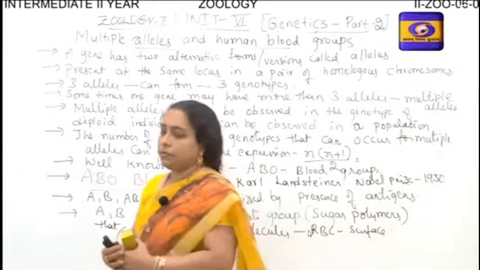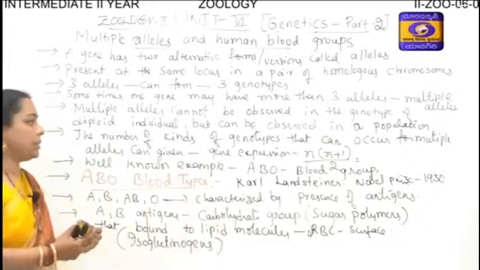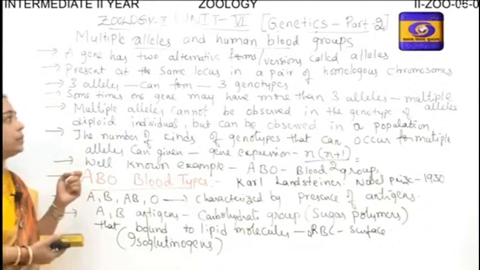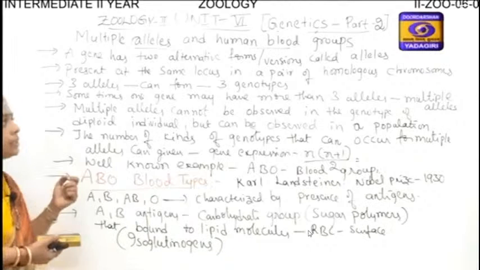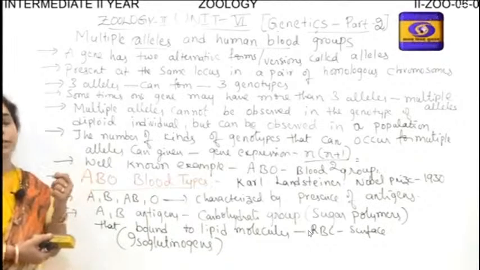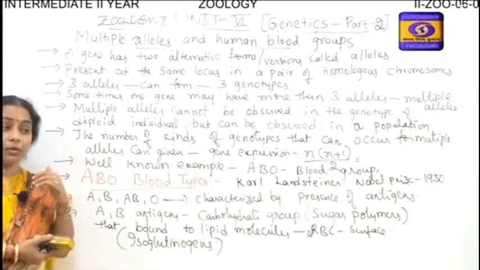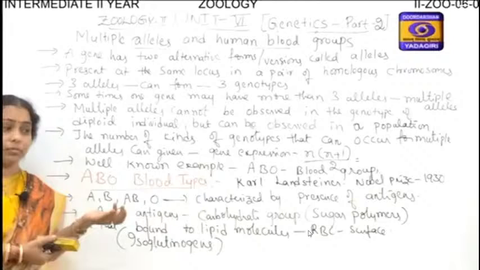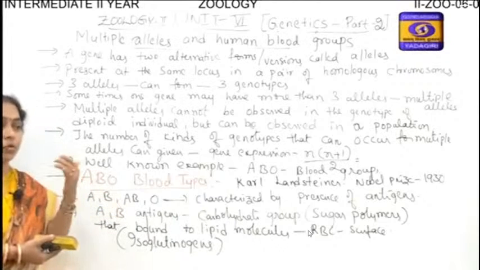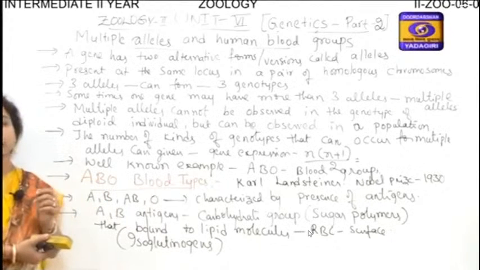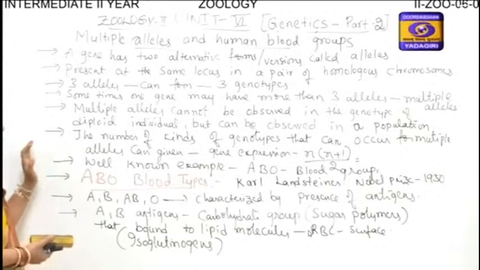As we know, what is meant by heredity? Heredity means transmission of characters from one generation to the next generation. The characters which are transmitted from parents to offspring through sexual reproduction are known as hereditary characters.